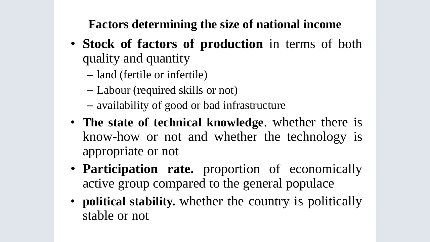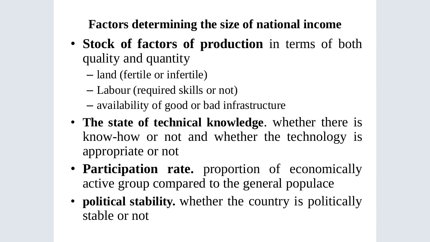Now, the other factor that determines the size of the national income is the state of technological knowledge. So whether the know-how is available or not, and whether the technology is appropriate. So technology is key to determining the size of the national income.